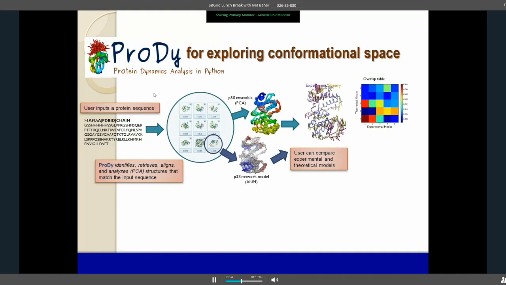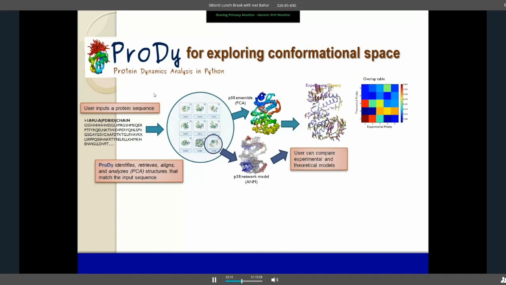This may be a given enzyme, for example. In this case, we are showing P38 kinase. P38 kinase may be resolved in multiple different forms, in the presence of inhibitor or under different crystallization conditions, or by NMR.